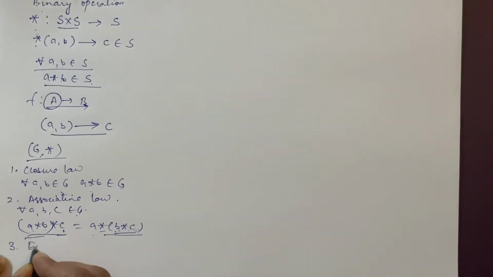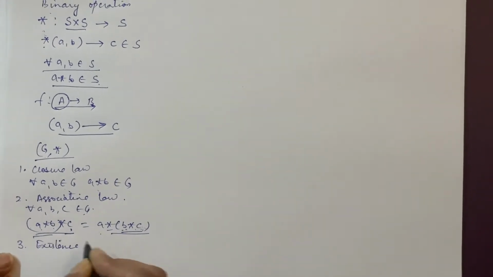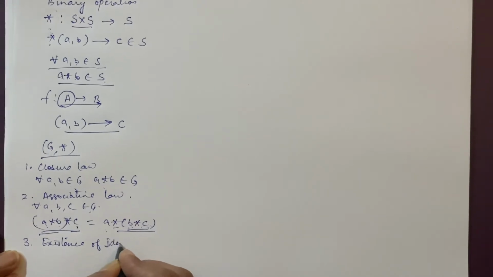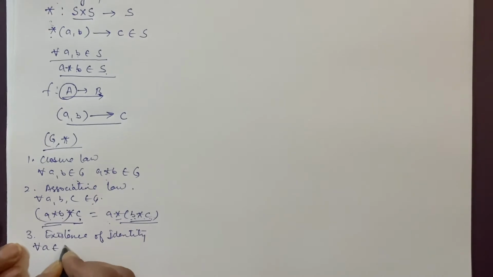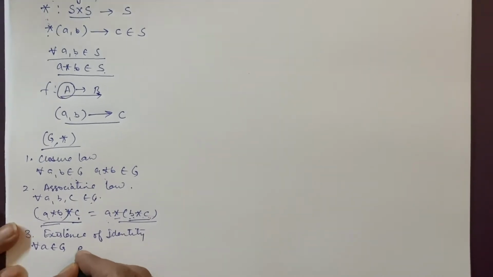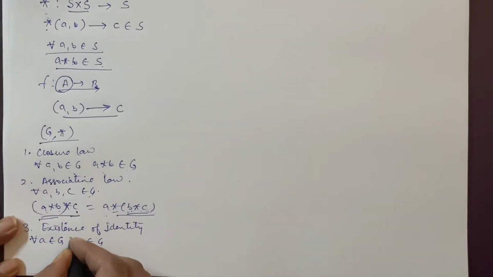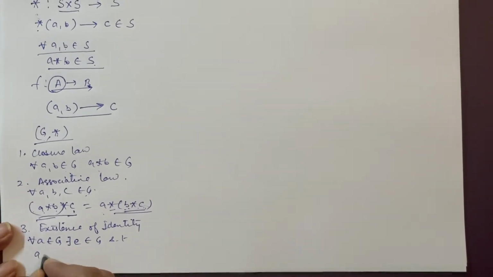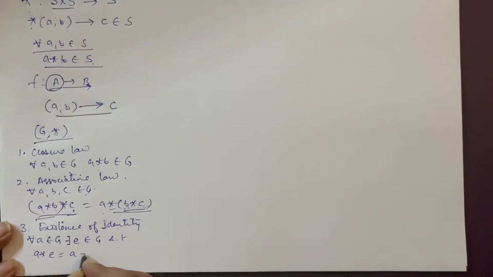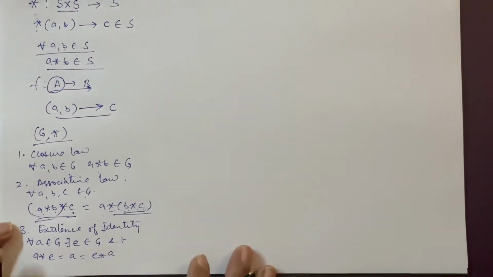Third is the existence of identity. What does that mean? That is, for all a belonging to G, there exists an e belonging to G such that a star e is equal to a is equal to e star a.